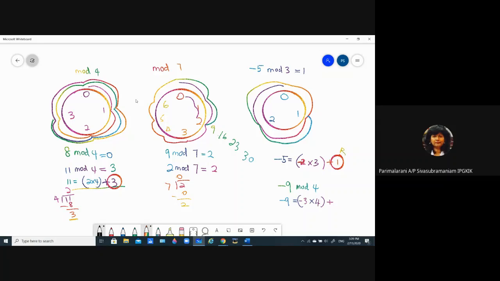Negative 12 plus how much to get negative 9? Plus 3. Is that correct?